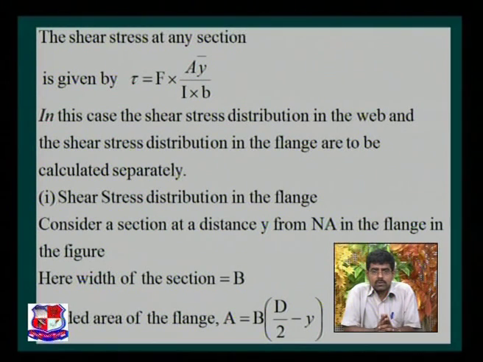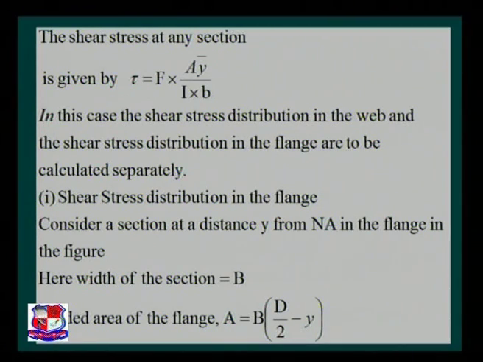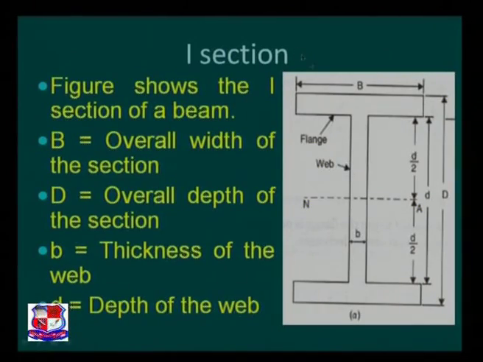Remember the thing which is very much important. Up till now, we have studied simple sections like circular section as well as rectangular section. Here, there will be a sudden change in case of I section. This is one typical rectangular section having a huge value of width.